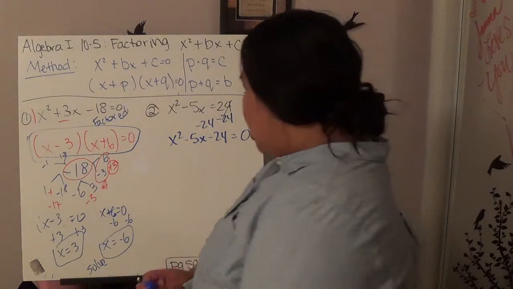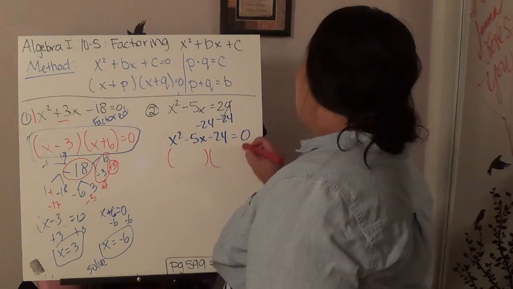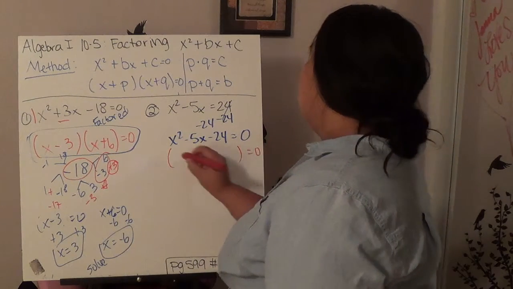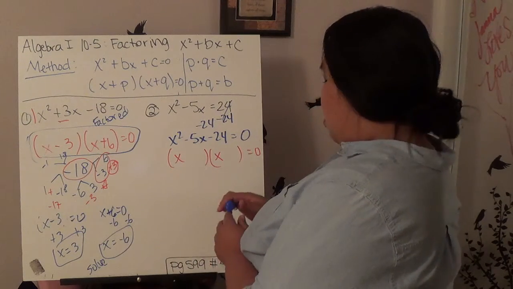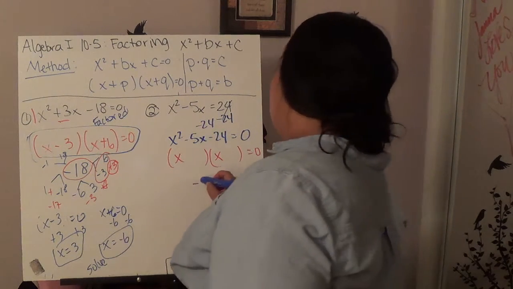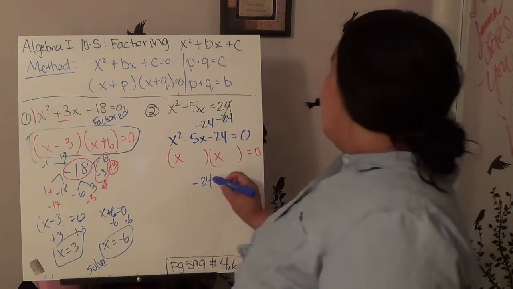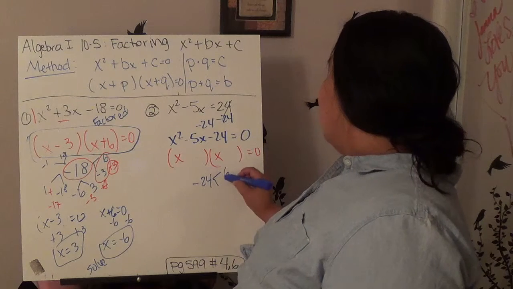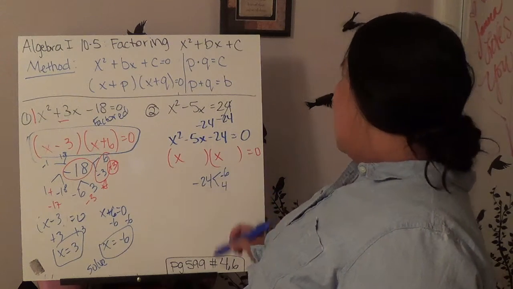And then from there, I just do the same thing that I did over here. Two numbers. I'm going to put two parentheses equal to 0 with x. Two numbers when multiplied together get me my last number, which is negative 24, but when added together get me negative 5. So we have negative 6 and positive 4.